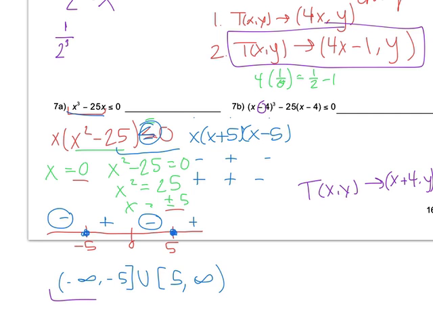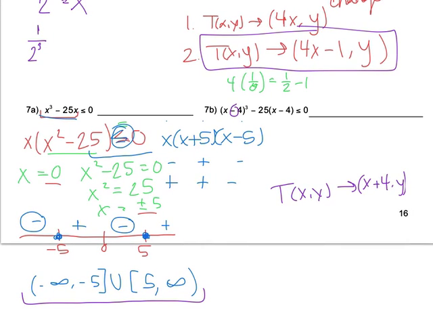So all I do to these is add 4 to all of my x values. So negative infinity plus 4 is still negative infinity. Negative 5 plus 4 is negative 1. Union 5 plus 4 is 9 to infinity. So we've applied this transformation to our solutions from this inequality. And that's it.